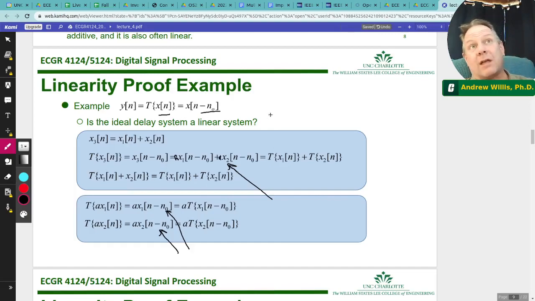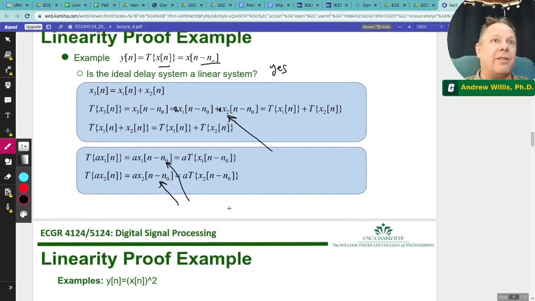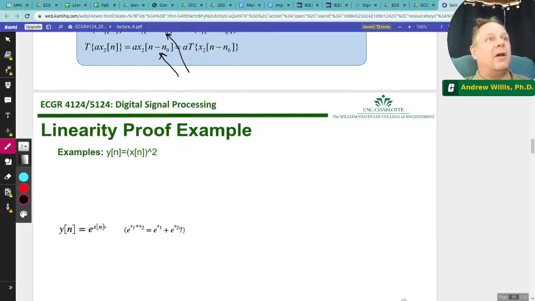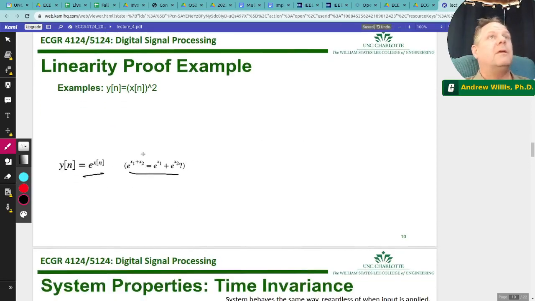So this is in fact a linear system, just the same process. Oh, look at this, we even have your exponentiation example. We've already done it, so there's no need to redo it.